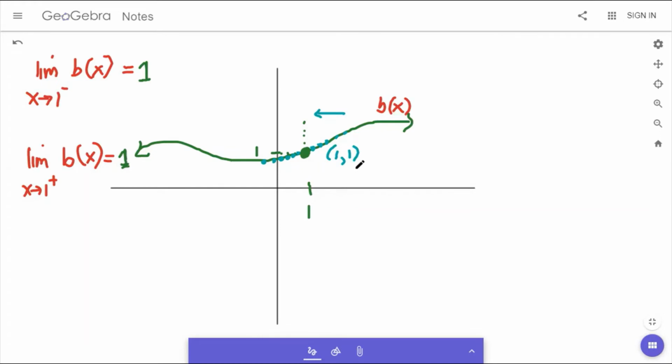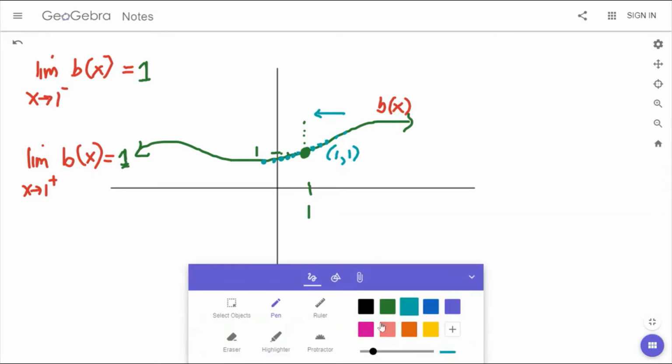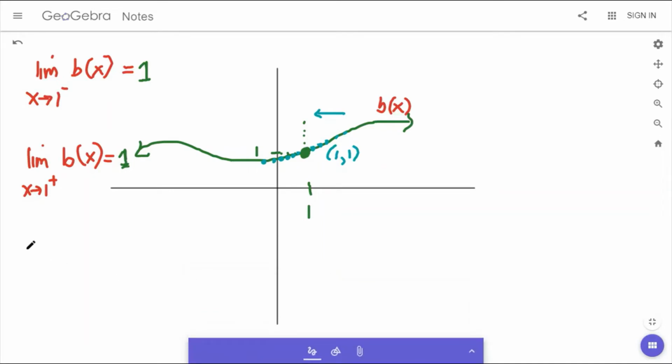So that is their relationship. Okay? Since they are the same, then we may now say that the limit of b of x as x approaches 1 is also 1. Why? Because left and right both exist and they are equal to 1. So it follows that the two-sided limit is also 1. Take note of that.